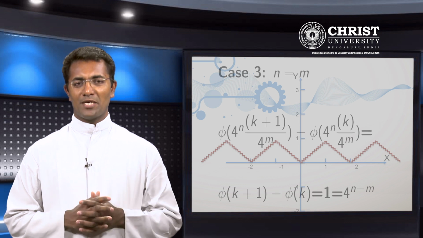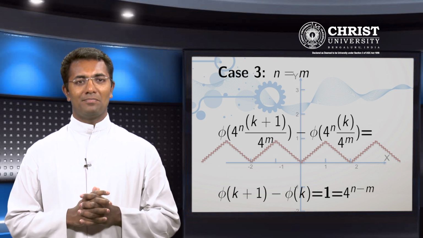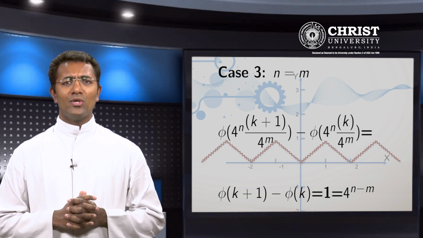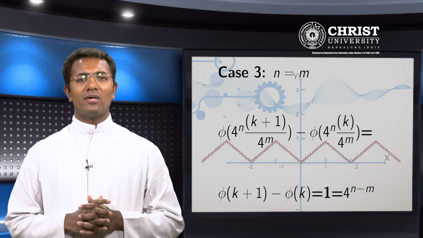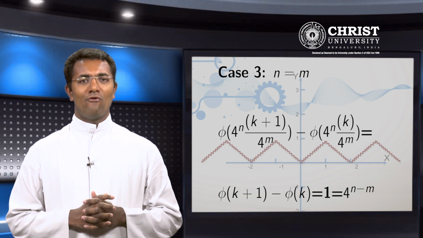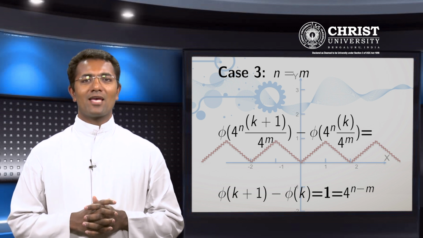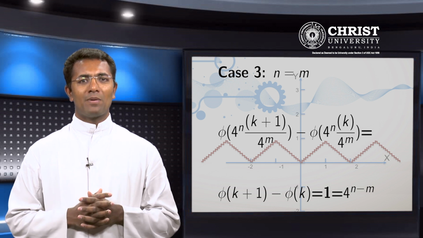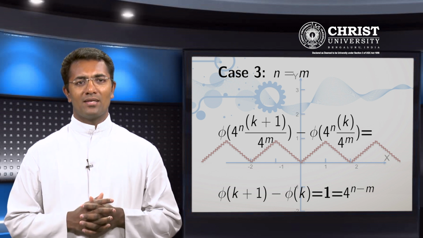Case 3, when n is equal to m. Here, phi of 4 power n into k plus 1 upon 4 power m minus phi of 4 power n into k upon 4 power m becomes just phi of k plus 1 minus phi of k.